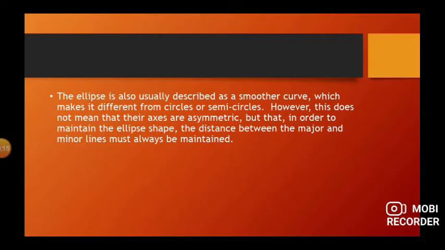However, this doesn't mean that their axes are asymmetric, but that they are ordered to maintain the ellipse's shape. The distance between the major and minor lines must always be maintained.